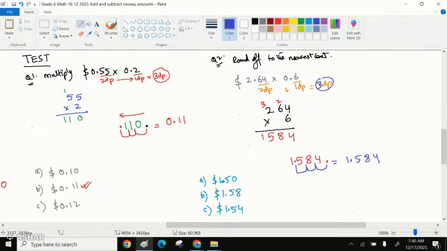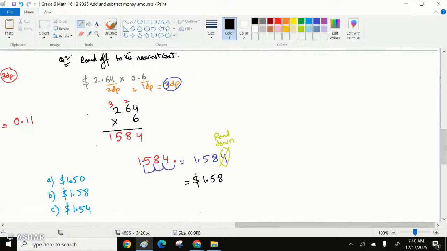Since this is a 4 over here, this would be a round down. A round down does not change the next number. That means the final answer is dollars 1.58. Agreed?